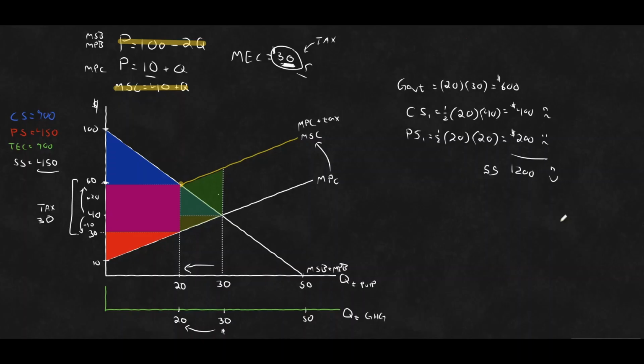Significantly, society is winning. We are now capturing the costs of this tax. We are no longer having all of this excess pollution that was entirely unaccounted for. That has been reduced.